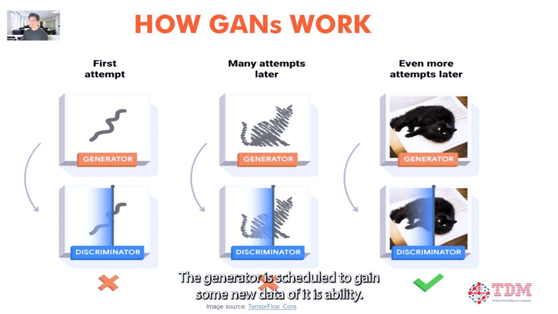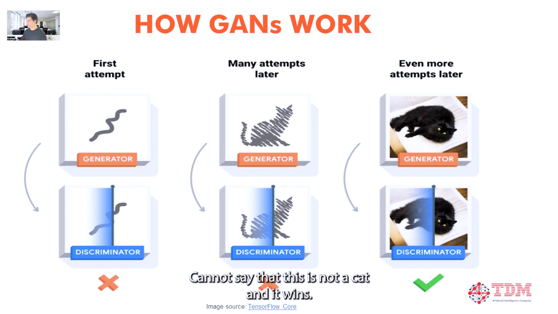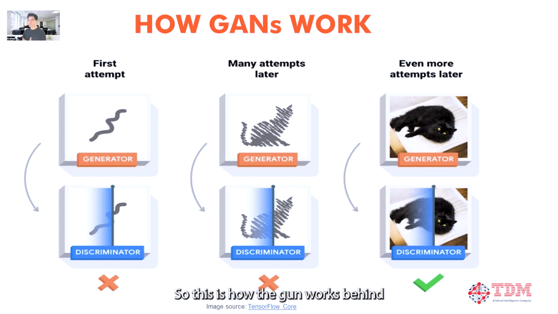So the generator sketches again and creates some new data with its ability. Then the discriminator says, no, it is not a cat, but it sends a loss function to the generator. And finally, the generator is able to make an imaginary cat which is so close that the discriminator cannot say it is not a cat, and it wins. So this is how the GAN works behind the scenes.